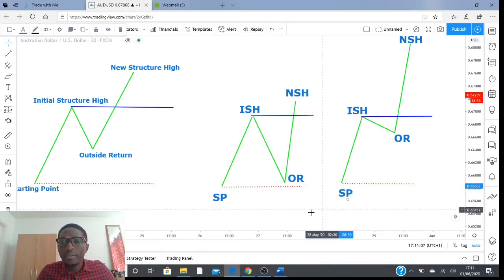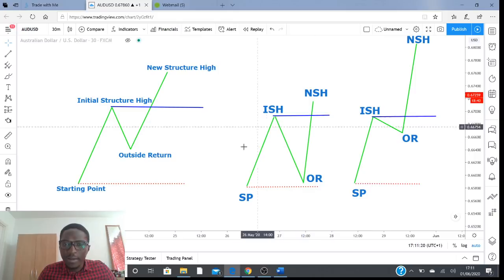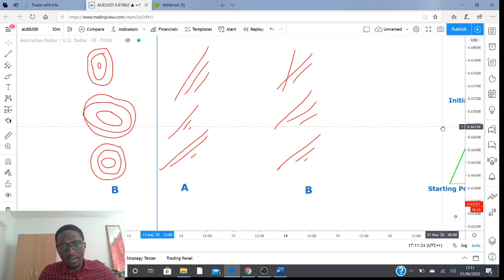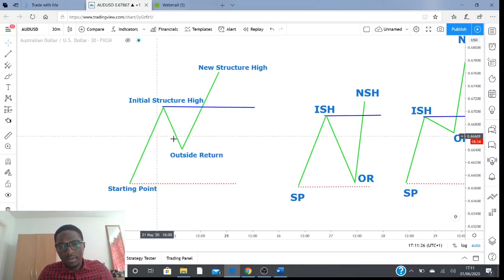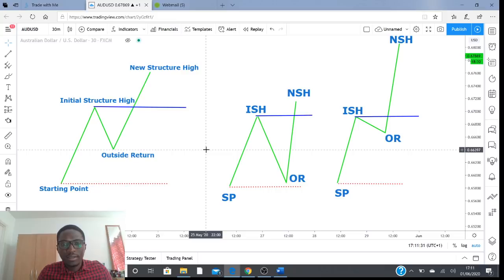So now we have 2 more bullish structures next to the one I just drew. If you look at these 2 bullish structures and think back to the pictures I just showed you on this side, what you're going to see is that this rule we had at the beginning is so important.